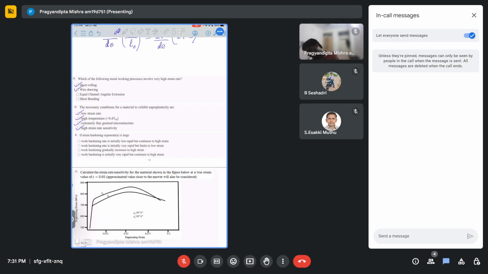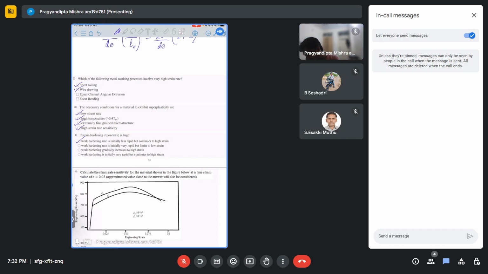That is correct. We have already discussed what is the consequence of high value of n and low value of n. I hope you have understood why we are saying this. With the graph we have seen how high value of n will lead to work hardening being initially less rapid but leading to high value of strain.